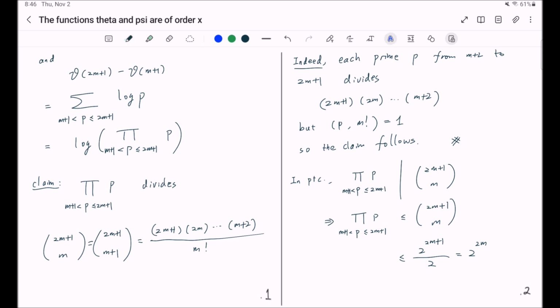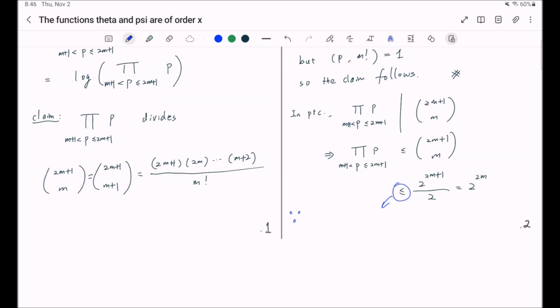And why is this true? This is true because in the binomial expansion of 1 plus 1 to the power 2m plus 1, which is equal to 2 to the 2m plus 1, the term 2m plus 1 choose m appears actually twice.